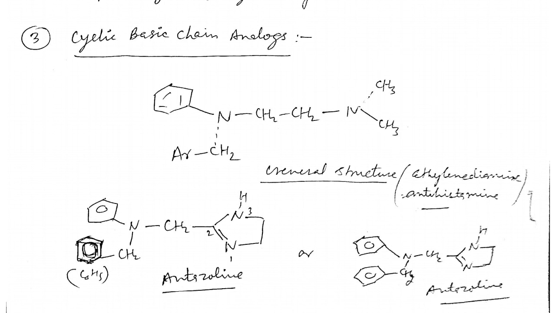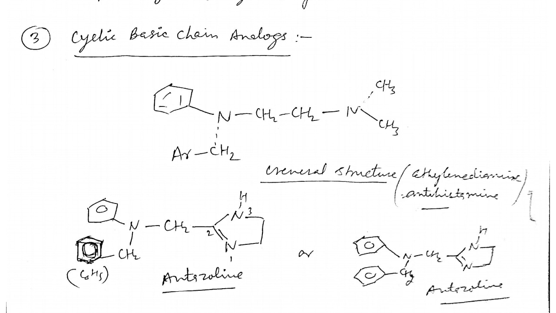We have discussed previously the general structure of ethylene diamine antihistaminics, and we have discussed that an ethylene group is attached to the two amino groups in ethylene diamine derivatives. The general structure is in front of you in this screenshot.